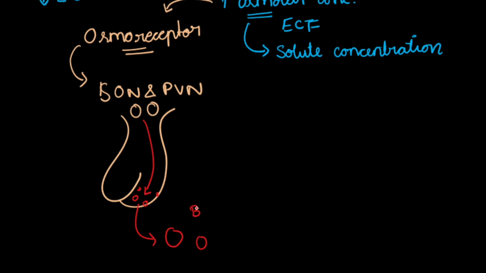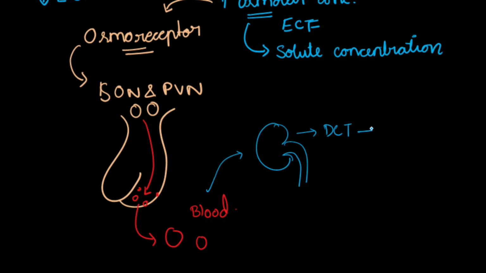Once it reaches the blood, it reaches the kidney. There it acts on the distal convoluted tubule and collecting duct, and then there will be retention of water.